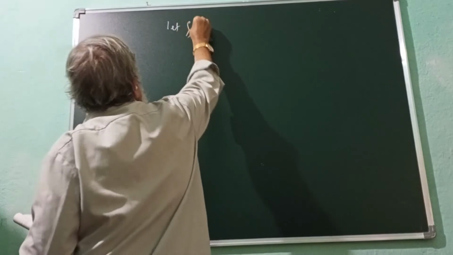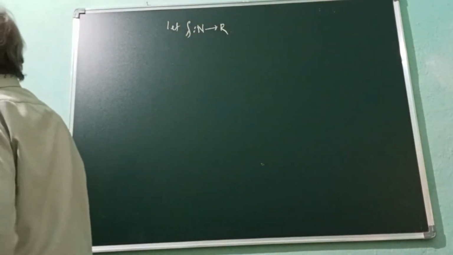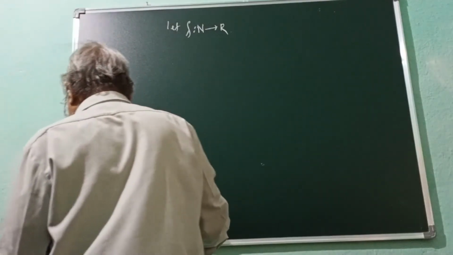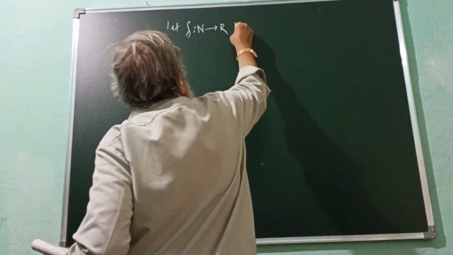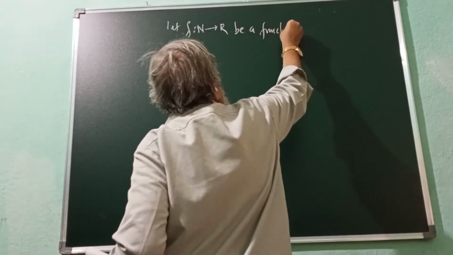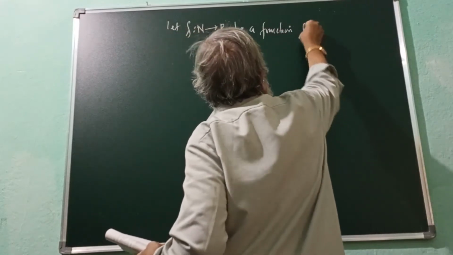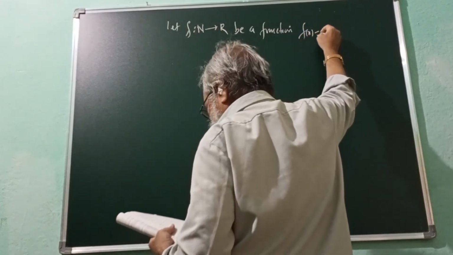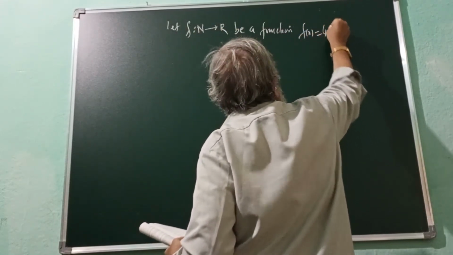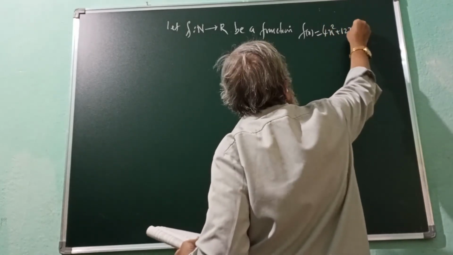Let f from N to R be a function, f of x is equal to 4x square plus 12x plus 15.